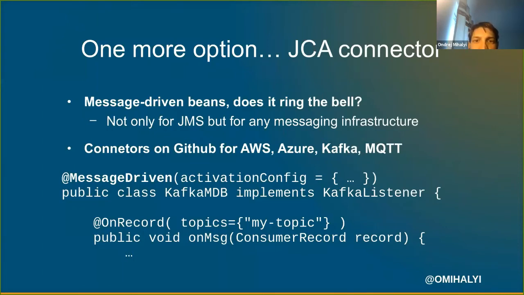You can use JCACHE. There are a lot of JCACHE connectors out there to plug into the messaging infrastructure of Java EE runtimes. And what a JCACHE connector actually is, it allows any external service to be plugged in and routed to a message-driven bean.